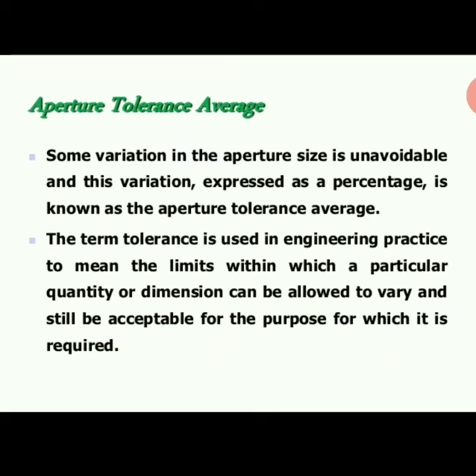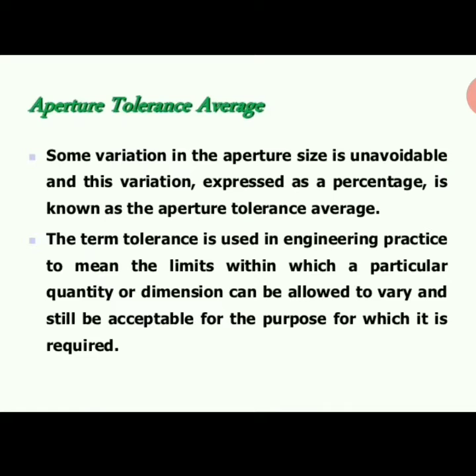It means a limit given by the pharmacopoeia within which a particular dimension or average aperture size can be allowed to vary and still be acceptable for the purpose for which it is used.